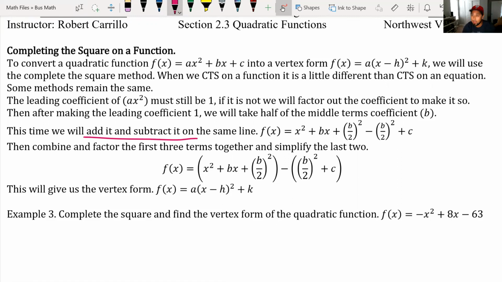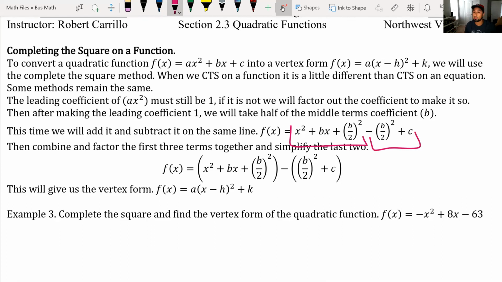So after we take half of the middle term and square it, we will add it and subtract it on the same line. Same line, same side. That's mainly the only difference here. Okay. So after you do that, the first 3 terms will be factorable, just like on the ones above.